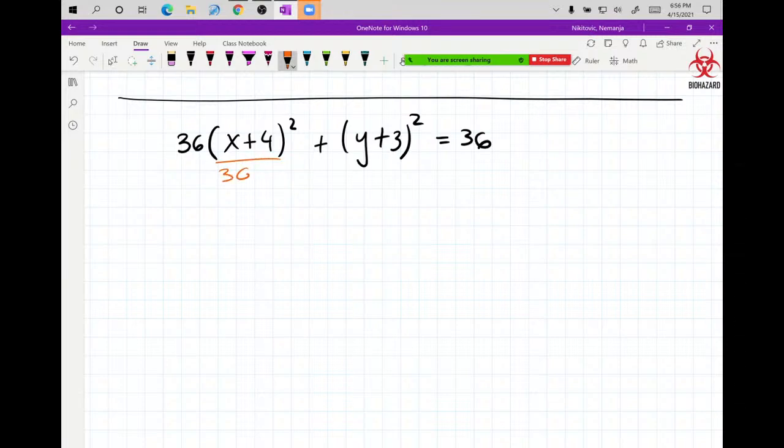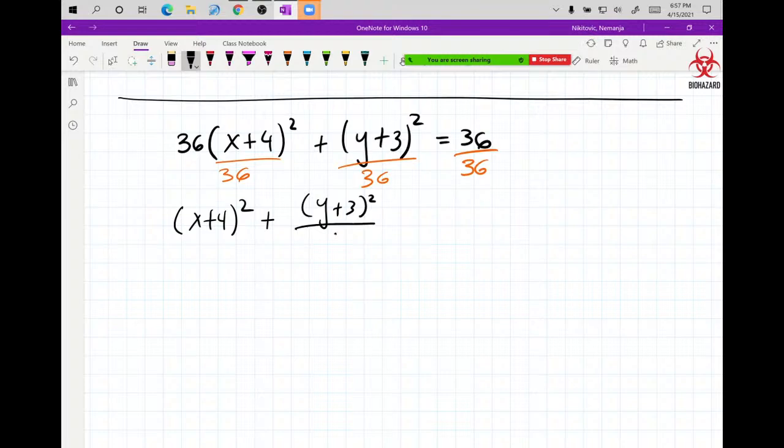But if you divide everywhere by 36 to make that one that you need on the right hand side, you get (x plus 4) squared plus (y plus 3) squared over, this can be written as 6 squared, equals 1. Now it looks like an ellipse.